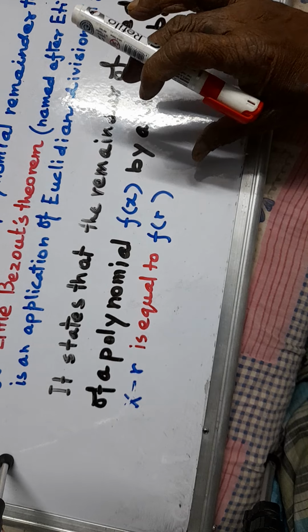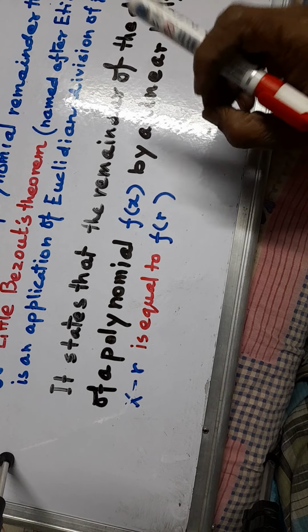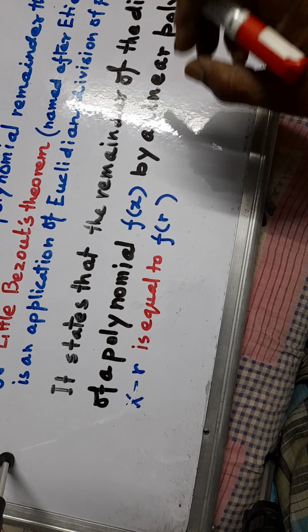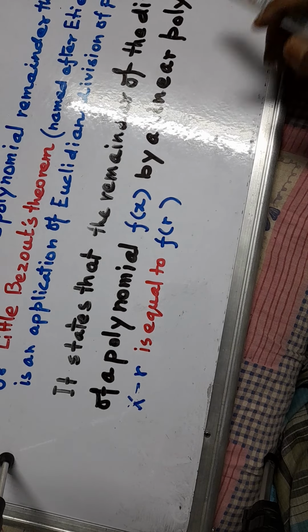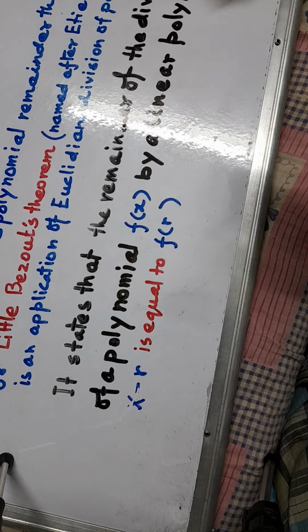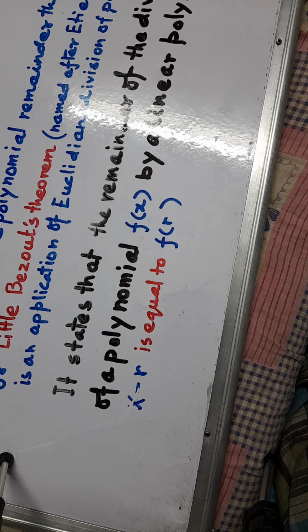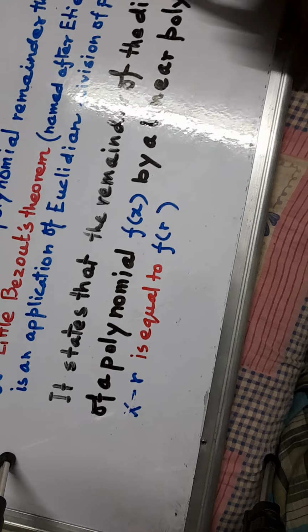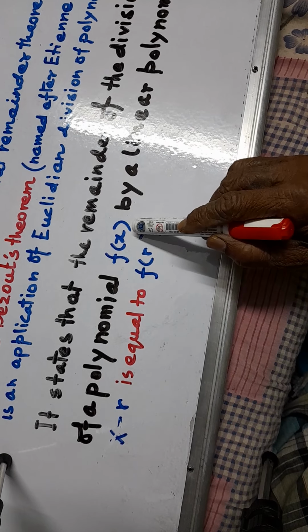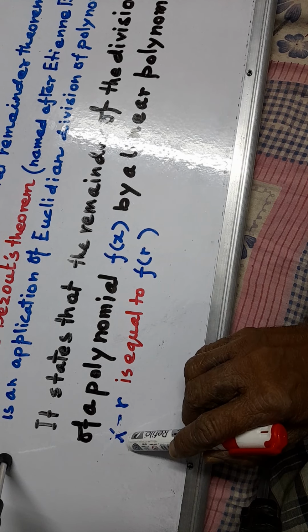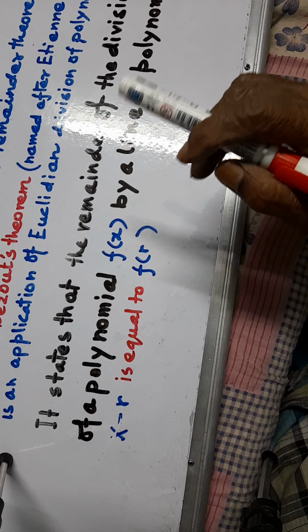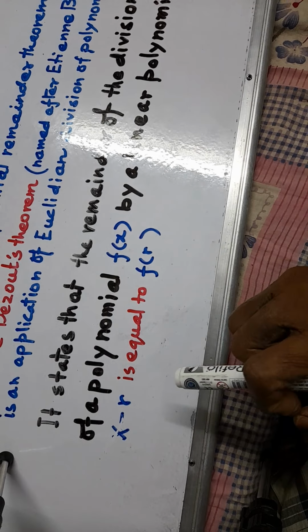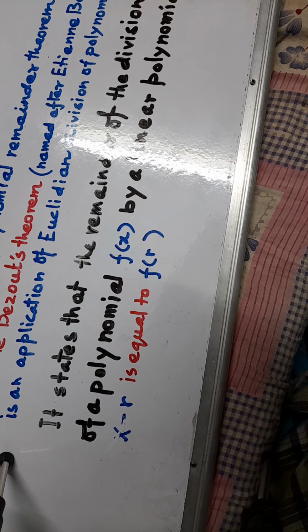This is the main statement of the remainder theorem. It says that the remainder of the division of a polynomial f(x) by a linear polynomial, suppose x minus r, is equal to f(r). And this is the remainder theorem.